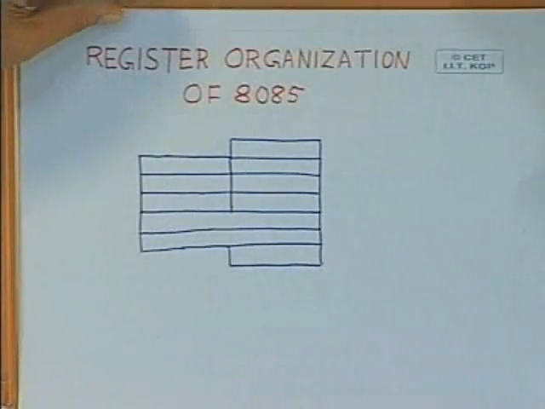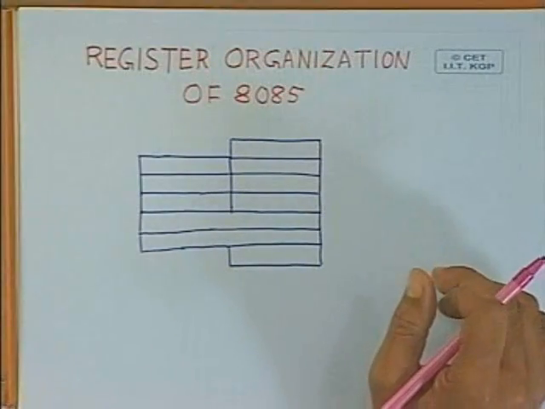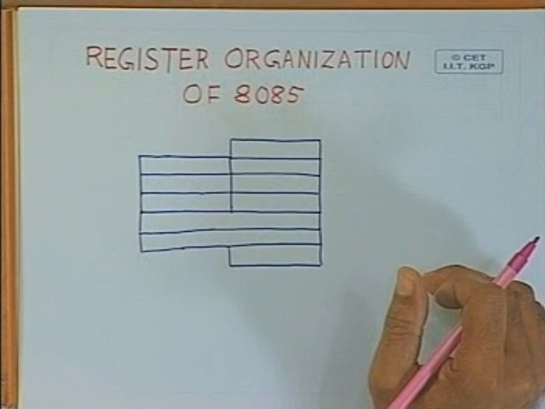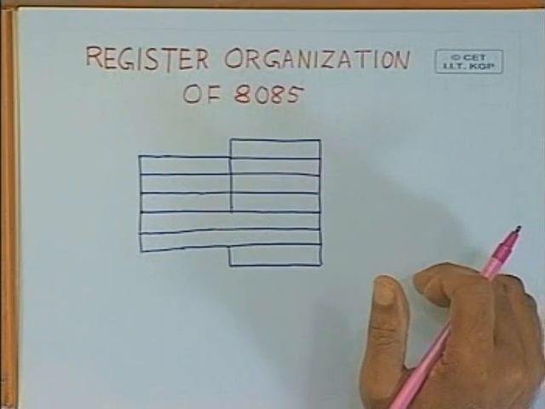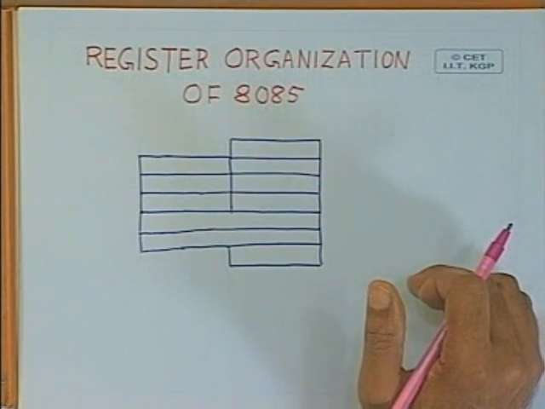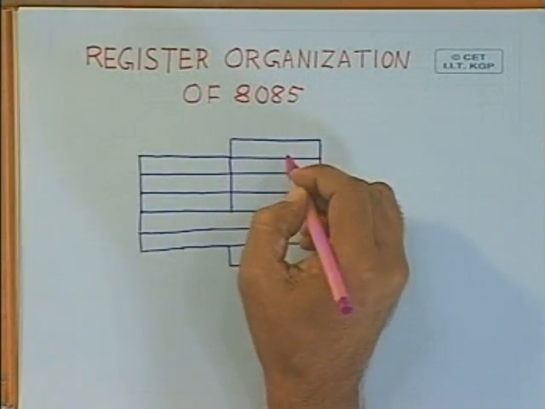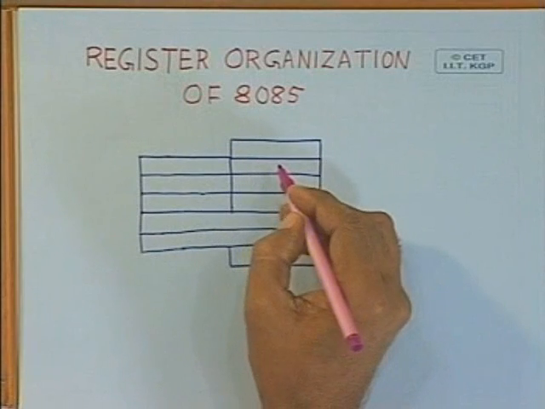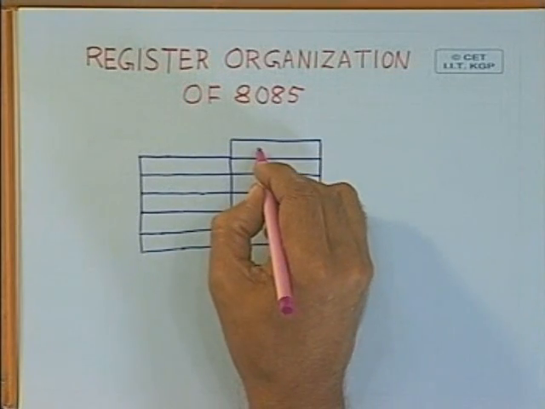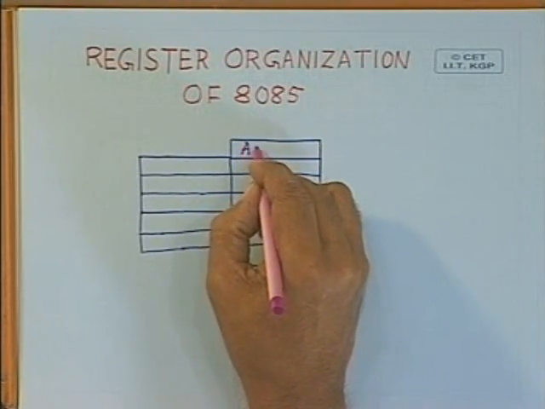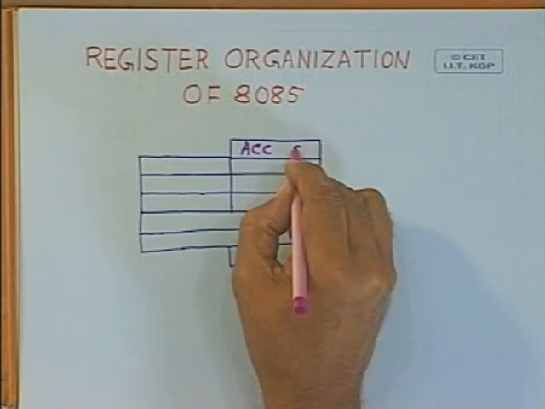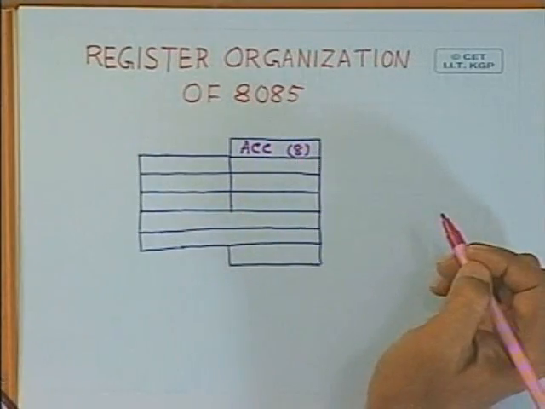In case of 8085, you have got several registers. I shall briefly discuss them. 8085 has a number of general purpose registers and some special function registers. For example, it has an accumulator, 8-bit because it is an 8-bit processor.